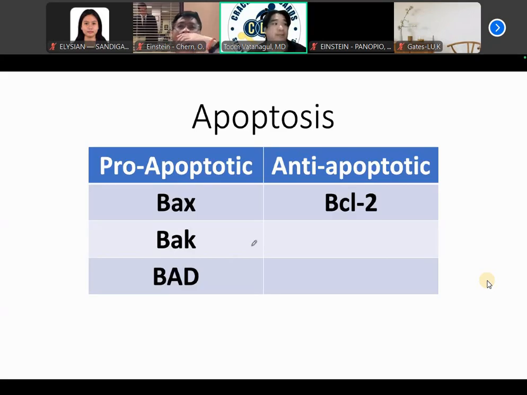Okay, you should memorize the anti, because it's only one neuron lang. There's only one.